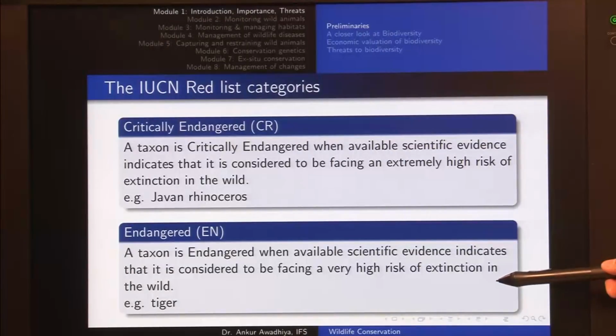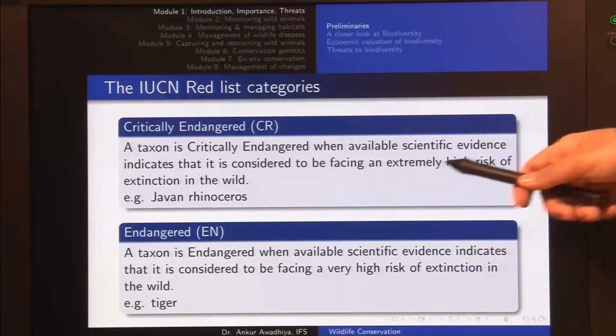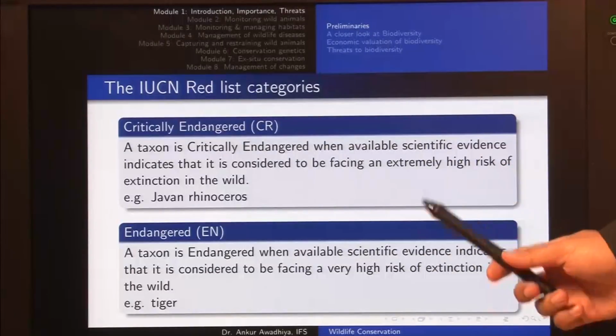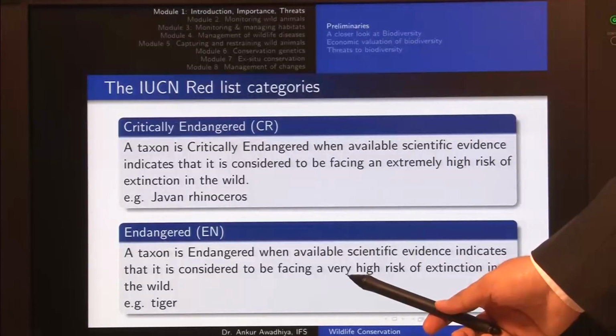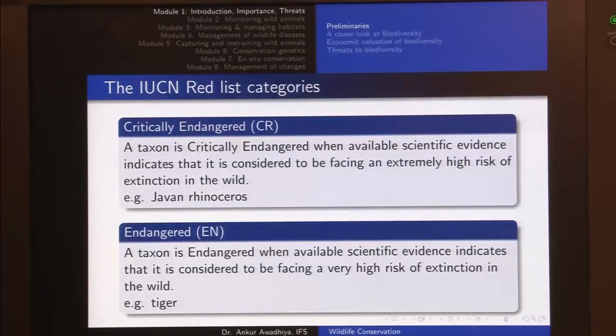Next, we have endangered. A taxon is endangered when available scientific evidence indicates that it is considered to be facing a very high risk of extinction in the wild. So, here we were saying extremely high risk of extinction, now we are talking about a very high risk of extinction. Now, you may argue that these are semantic words, but then for this course we are only looking into their definitions, but all of these have been more clearly defined.